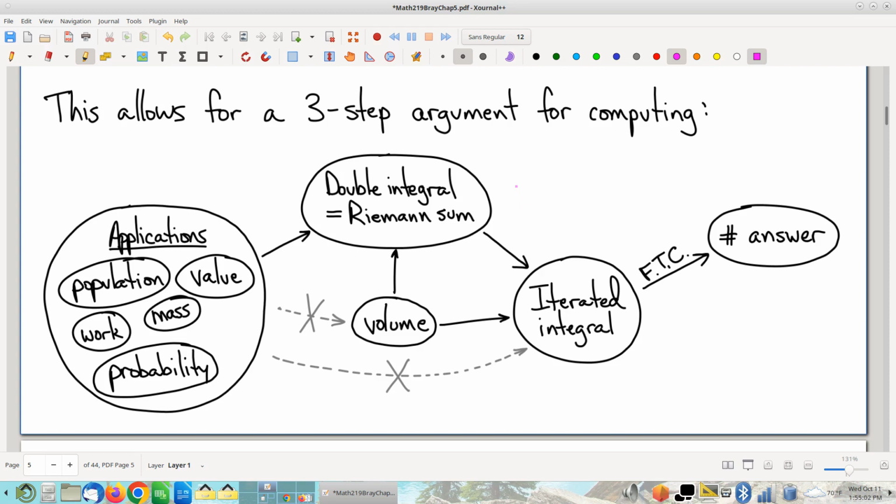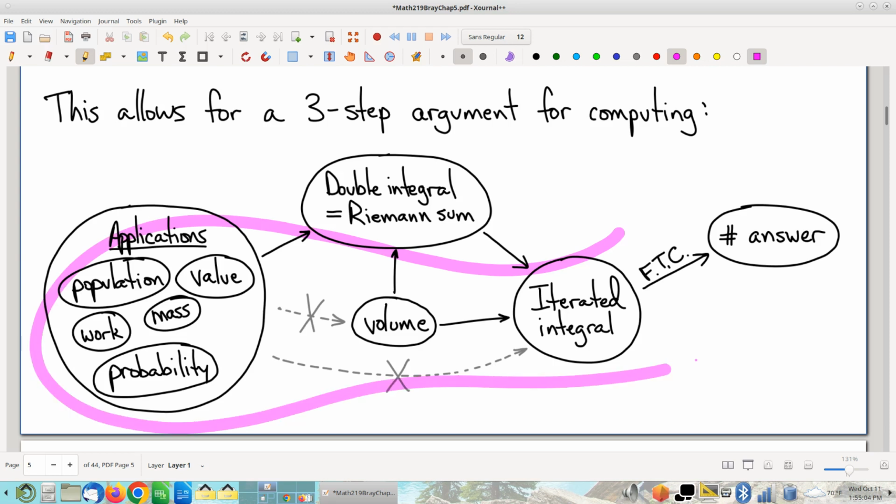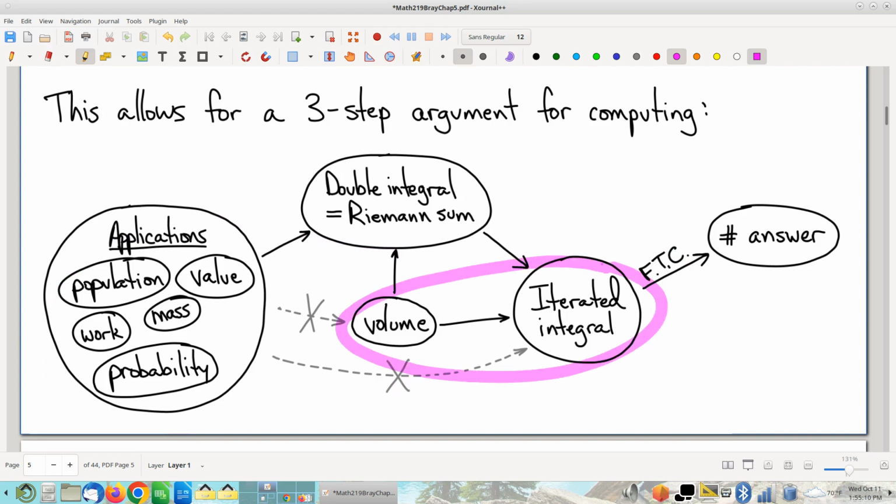So let me start with a reminder. We started off just thinking about how to compute volume, just volume, right? And we figured out that there was this thing called an iterated integral, and in particular, if you want a volume under a graph, then boom, we know how to do that. We can turn volume under a graph into an iterated integral.